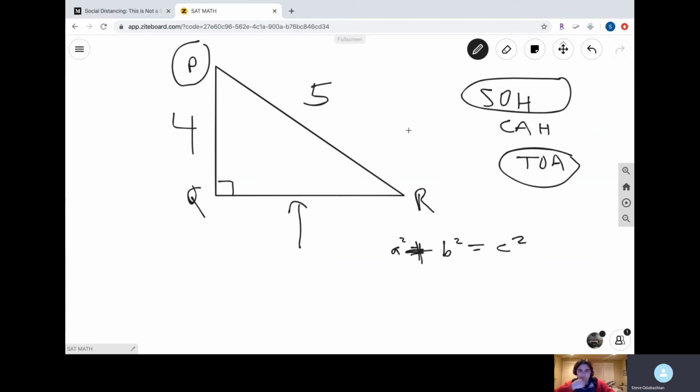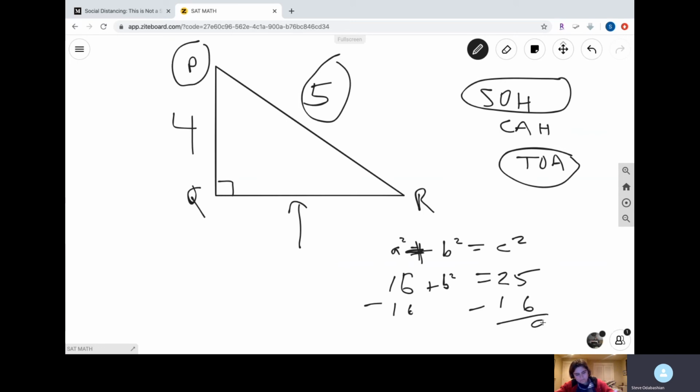Remember, even if you're given two sides, sometimes people will immediately throw both of those sides into the A and B. Hypotenuse is always your C. It's always the longest side, so that's going to be 25. It doesn't matter if I call this A or B, so I'm going to say 16 plus B squared. Let me make clear that this is a 6 and not a B. Subtract 16 from both sides, and we're left with B squared equals 9.